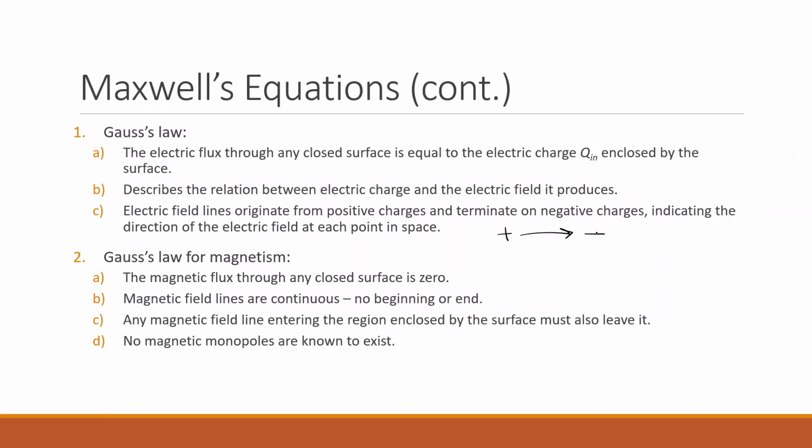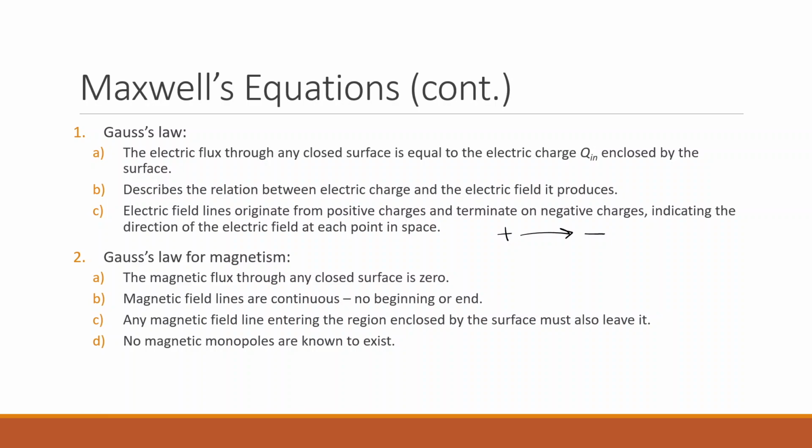They are continuous. Any magnetic field line entering the region enclosed by the surface must also leave it. And no magnetic monopoles are known to exist. No magnetic monopoles, meaning that magnets are always dipoles.